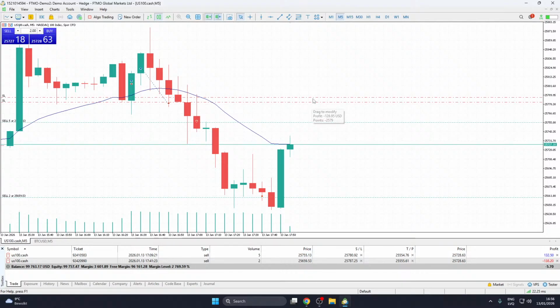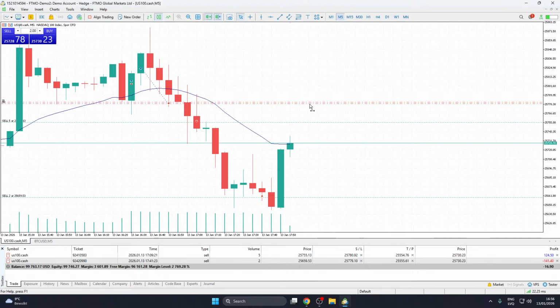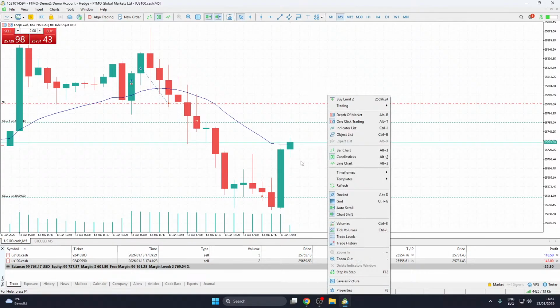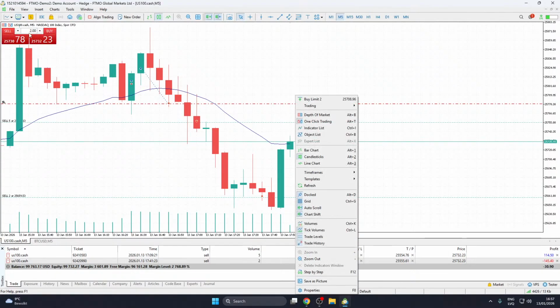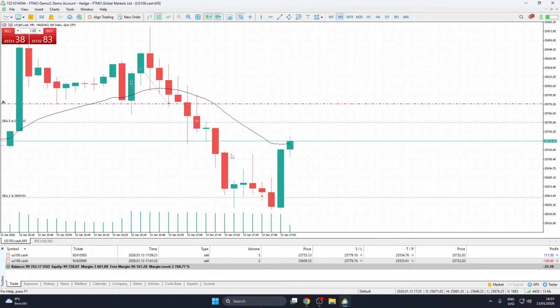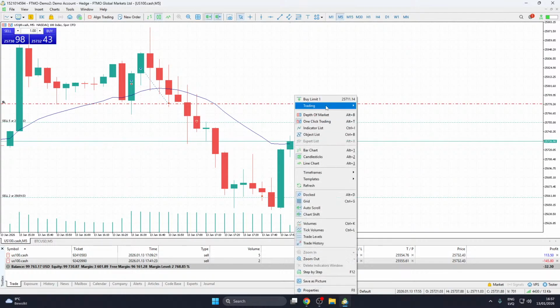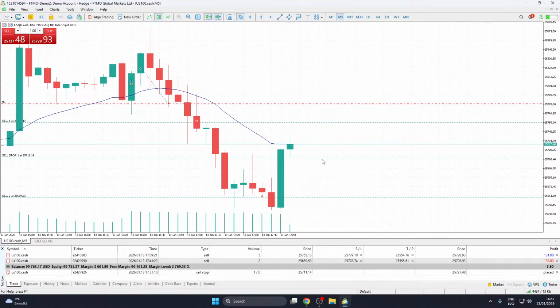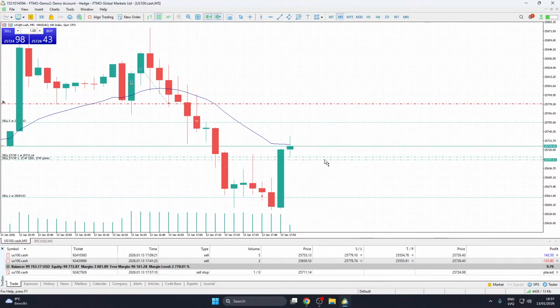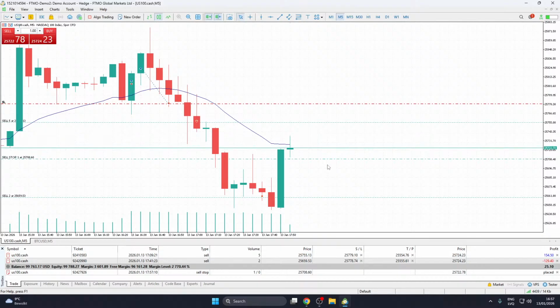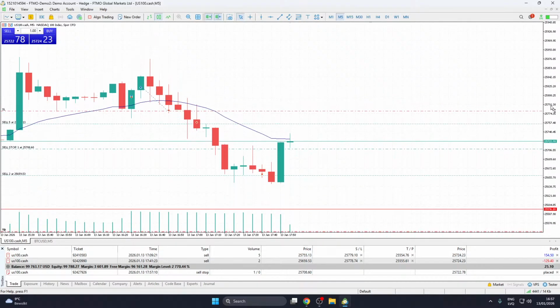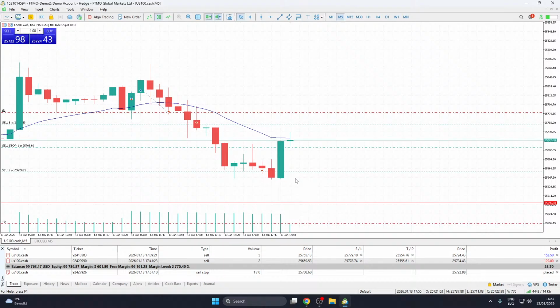Thing is, we don't have much risk left on the table. Yeah, I'm gonna do one lot here, and then possibly look for an exit here.